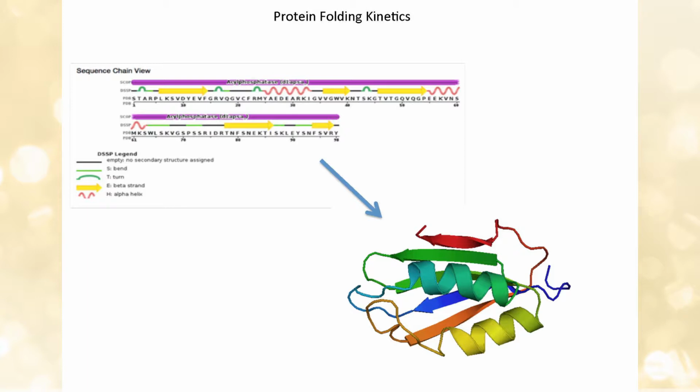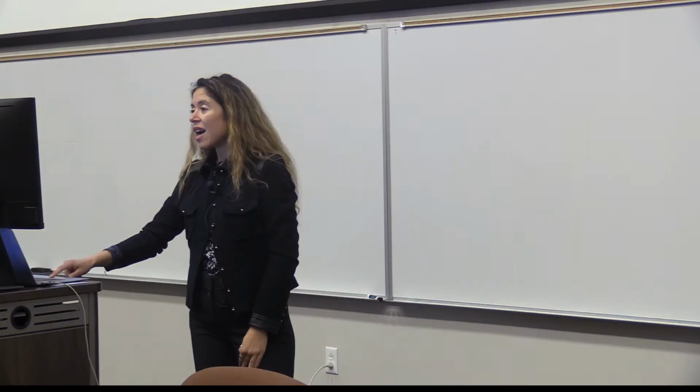You have a sequence of amino acids. This is from the Protein Data Bank, both pictures. That sequence of amino acids is unique for each protein, and then the protein looks like this, okay? Again, amino acids connected by bonds.